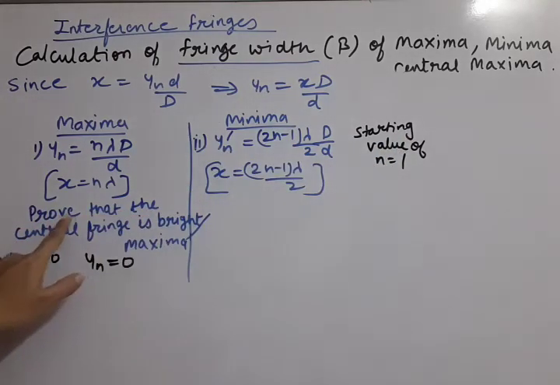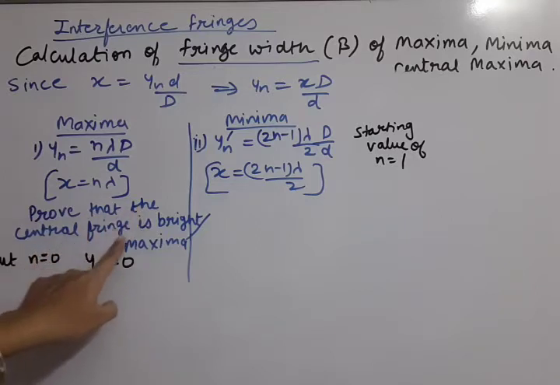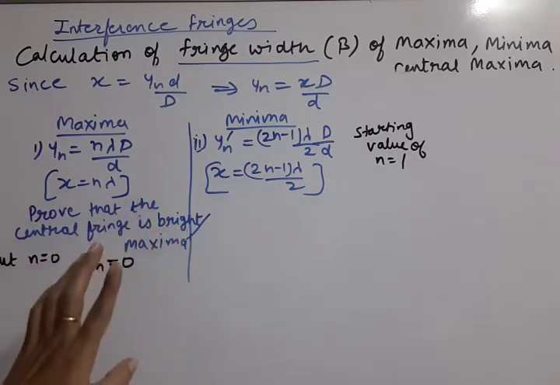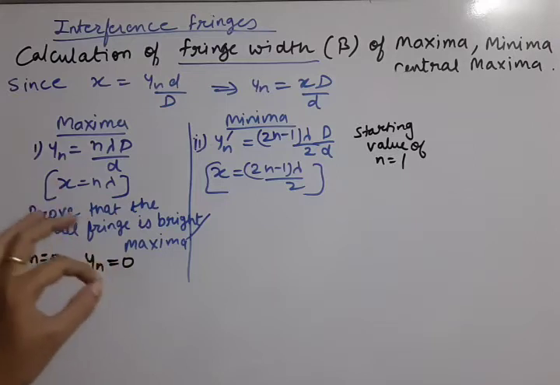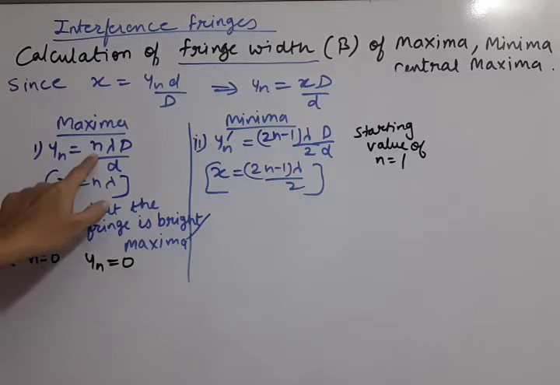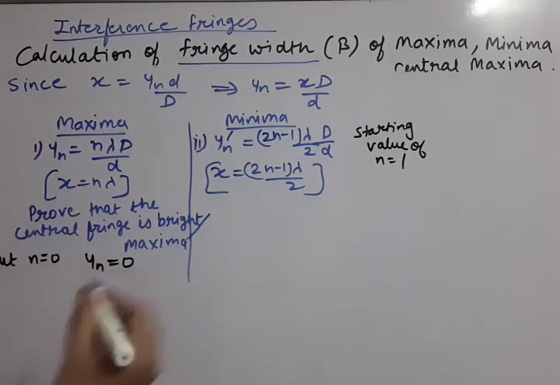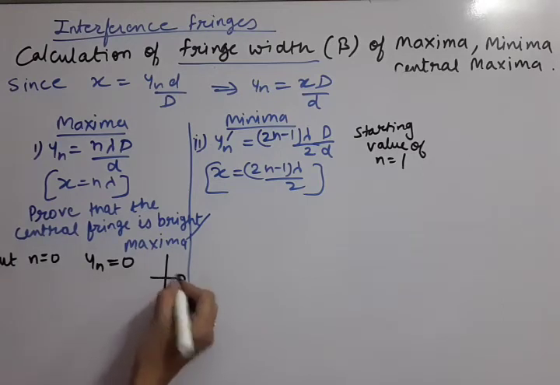Okay, now here it can be proved, if the question comes, prove that the central fringe is bright or maxima. It can be proved this way: if I put n equal to 0 here, then y comes 0. Y equal to 0 means we are at the center of the screen. Suppose I draw a small diagram here: this is the screen and this is the center point O on the screen.